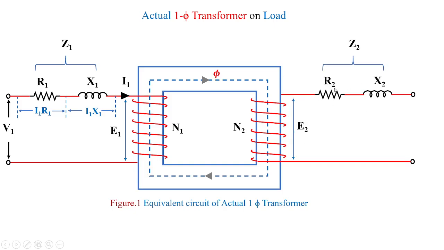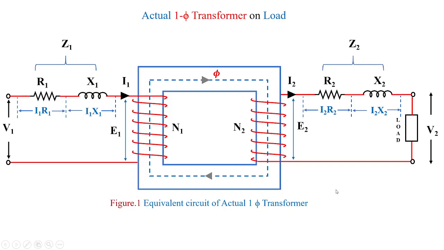Then the resistor and the reactive components of the impedance are treated as Z2, and when the load is connected, the current starts flowing, and that current is here treated as I2. When this current travels across the resistor and reactive components, it again develops a drop across the resistor and reactance as I2R2 and I2X2 respectively. Hence we can find the terminal voltage by connecting a voltmeter across the load. So this is the diagram of the actual transformer, an equivalent circuit.